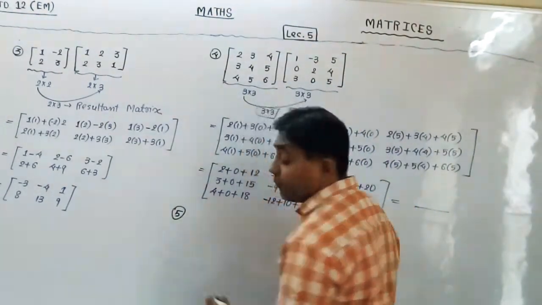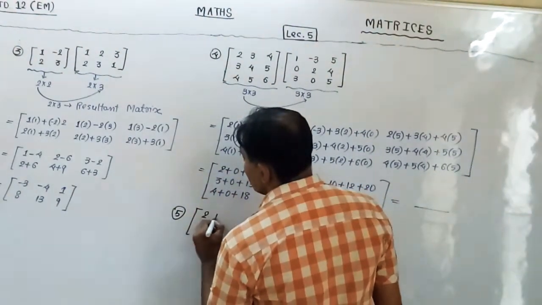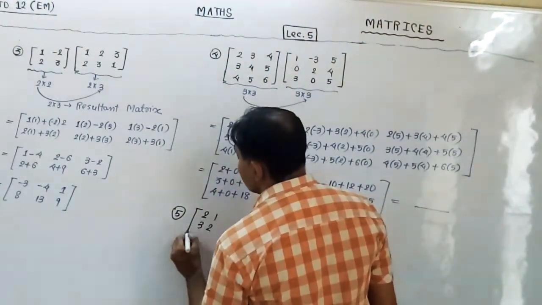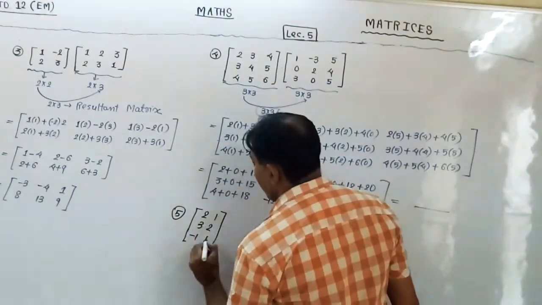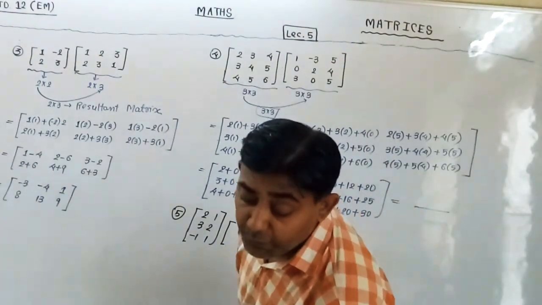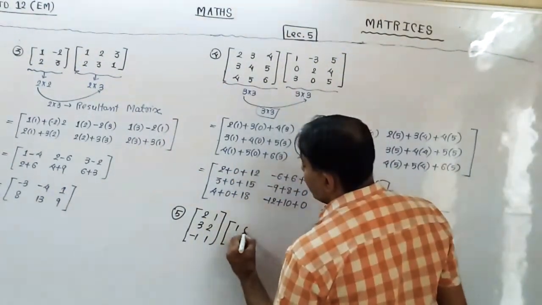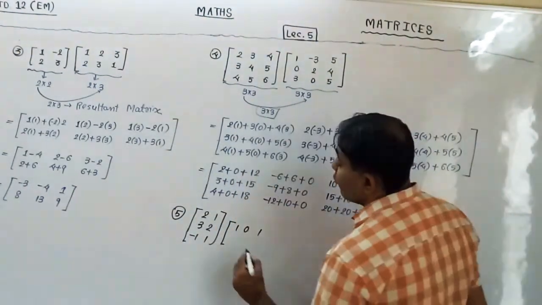The fifth example is 2 1 3 2 and minus 1 1, multiplied by another matrix, 1 0 1 and minus 1 2 1.